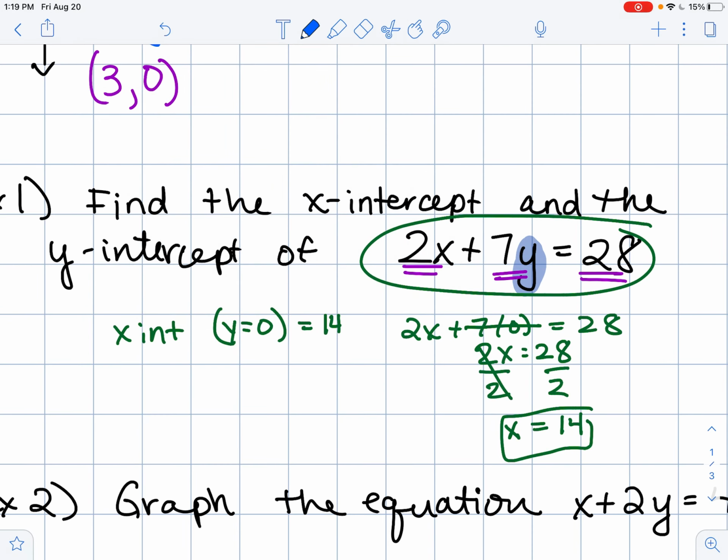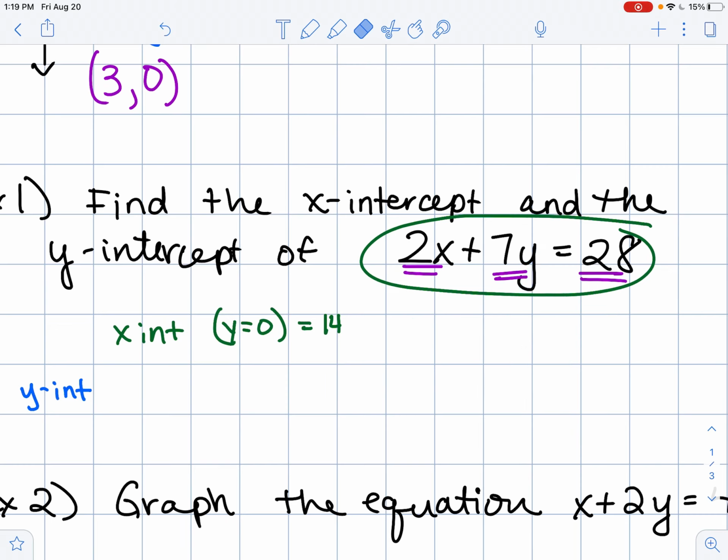Same idea for the y-intercept. So when we're talking about the y-intercept, I want to know when the x value equals 0. So instead of x, I'm going to plug in 0 to find the y. Again, if you've made a switch, you won't get the letter that you want in the end.